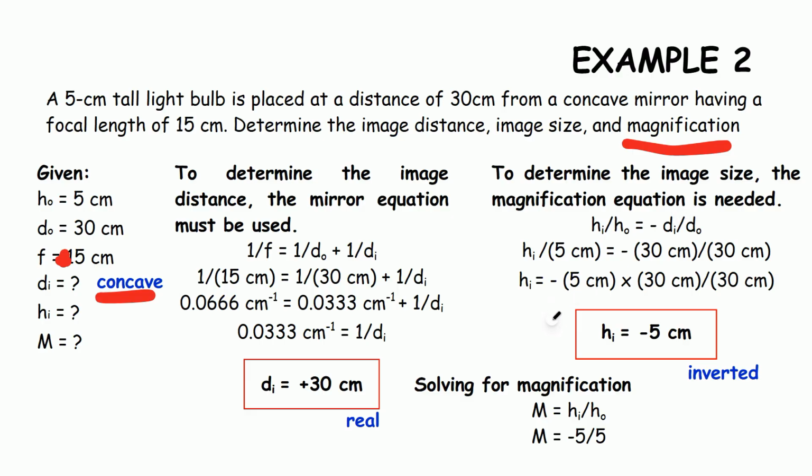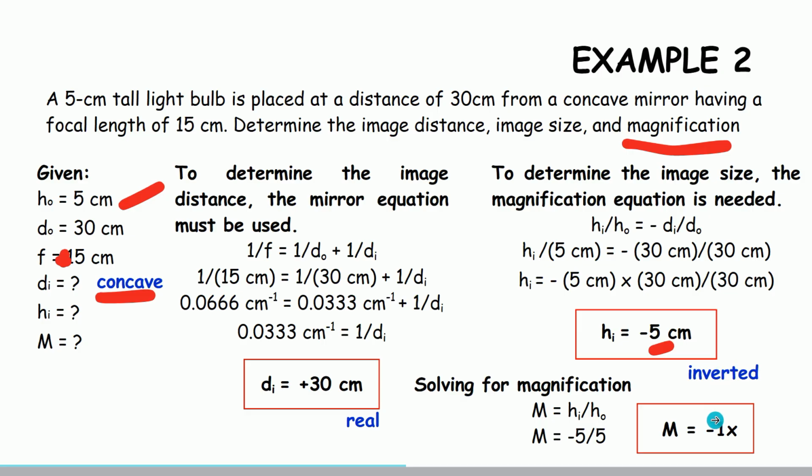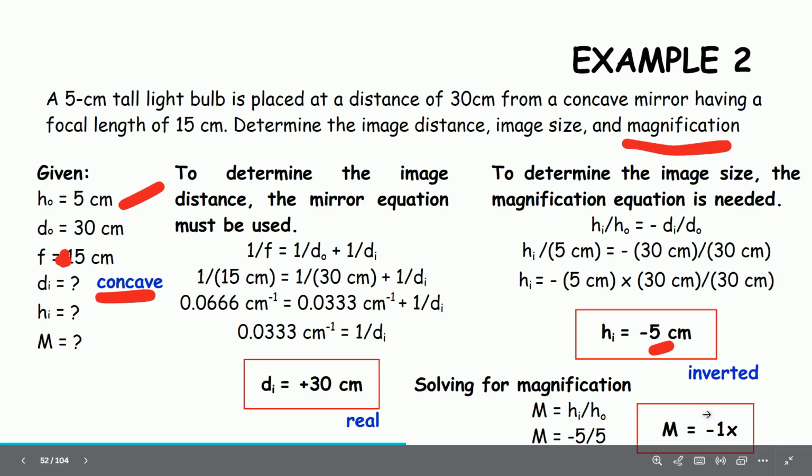So m is equal to hi over ho. So that is negative 5 kini, and then 5 cm. So negative 5 over 5 would result into negative 1 times. So naa siya negative because ni-invert man ang image.